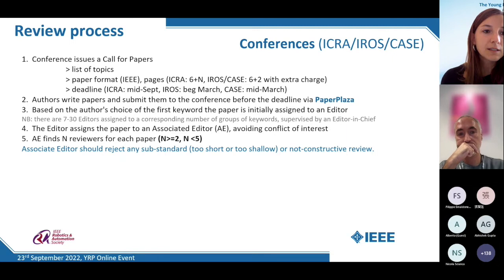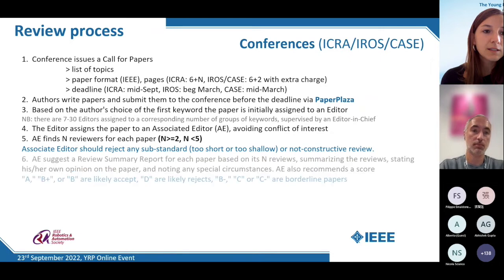For conferences, this number of reviews must be at least 2, but no more than 5, because we need at least 2 reviews, but more than 5 can be confusing, or too many. And of course, the associate editor should reject any substandard review that is too short or too shallow, not careful enough, or non-constructive.